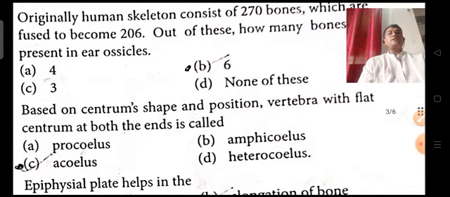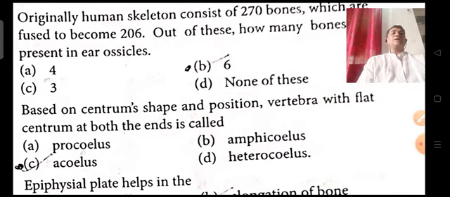Based on the centrum shape and position, a vertebra with flat centrum at both ends is called as? Procoelous means concave in front, amphicoelous means concave on both sides, heterocoelous means many positions, and acoelous means a vertebra with flat centrum at both ends.